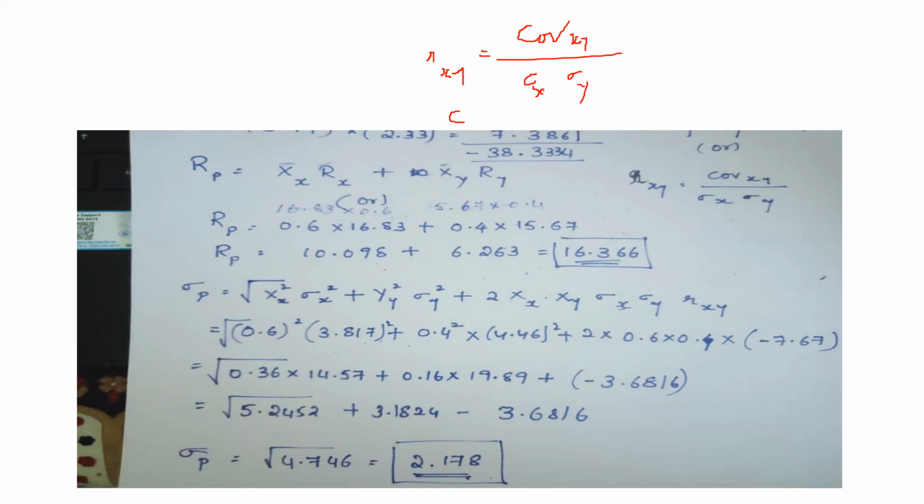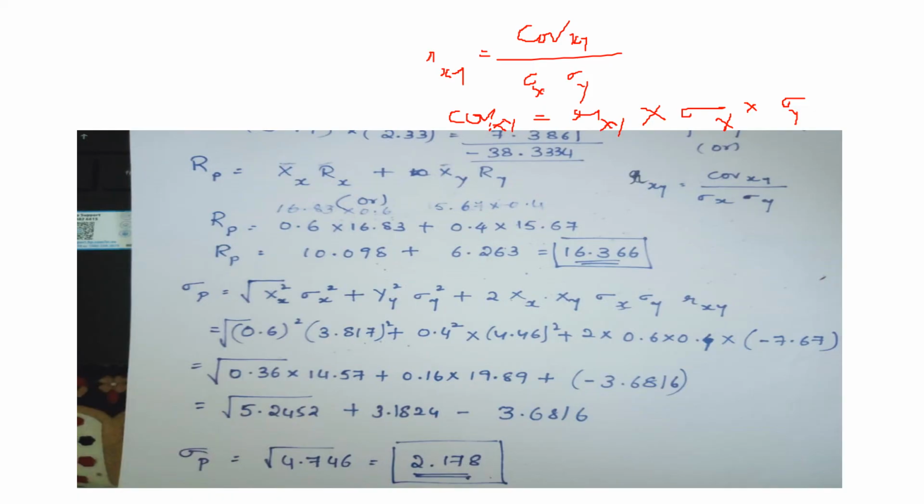So as already we have found out the covariance of xy, that is equals to rxy. If you cross multiply, rxy into standard deviation x into standard deviation y. So this whole value, covariance we found out, has come to minus 7.67. So directly we are writing the value here, minus 7.67.